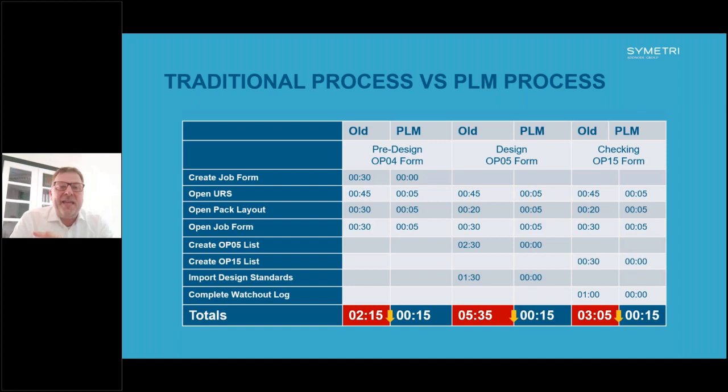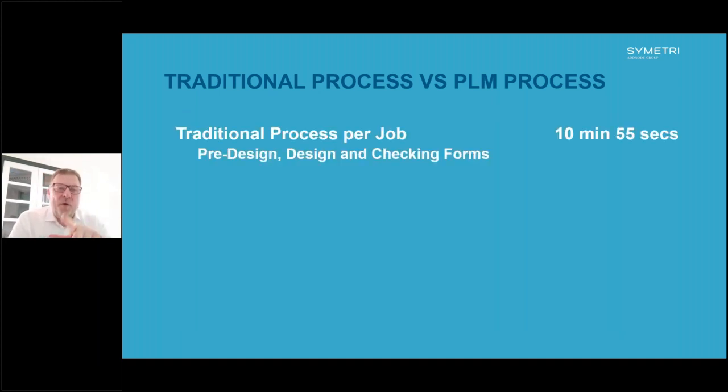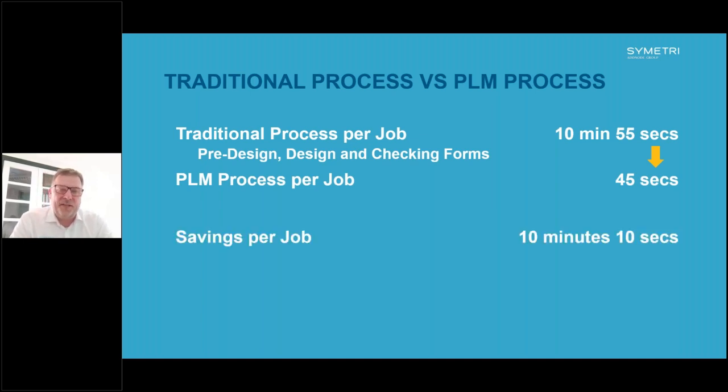So why is that important? Because obviously there's a time saving. But for them, they worked out that traditionally, this job would take around 10 to 11 minutes. Now it takes no more than 45 seconds, which is approximately a saving of about 10 minutes per job.